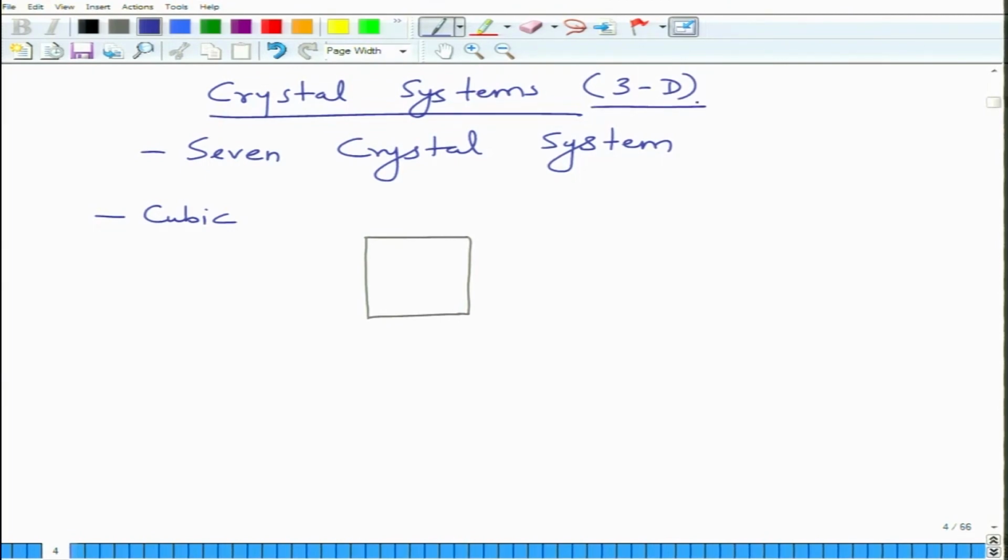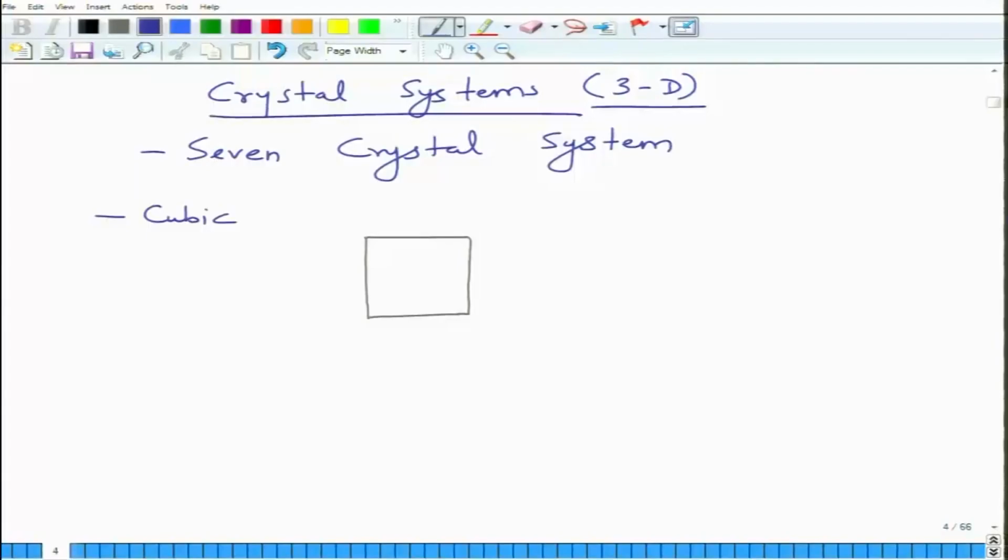You can also ask me a question about crystal systems in 2D. I will give you some hints at the end of it, and I hope that you will be able to tell me how many maximum possibilities of crystal systems can exist in 2D. Let me first give you the examples of 3D.